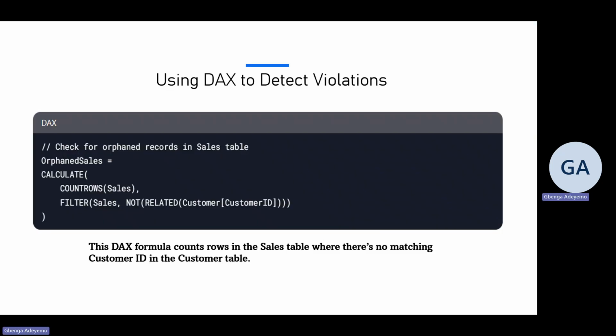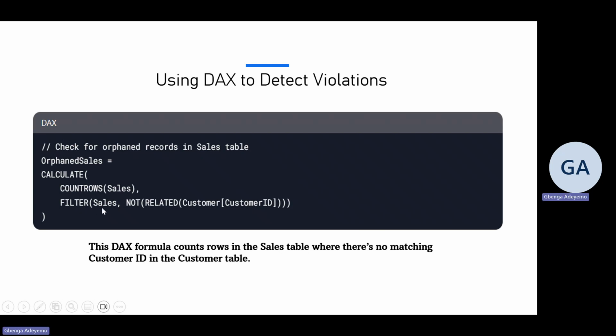Now, do you know that you can use DAX to detect if you are violating referential integrity? That is very, very possible. If you look at the calculation on my screen, you will see Orphan Sales equals CALCULATE(COUNTROWS(Sales)). What COUNTROWS(Sales) means is that it's going to count the number of rows you have in the sales table.